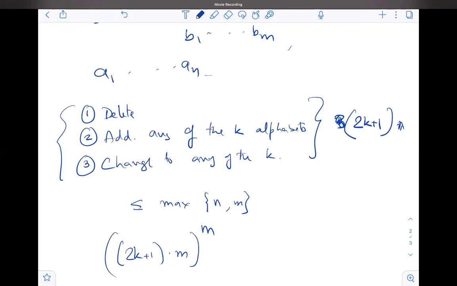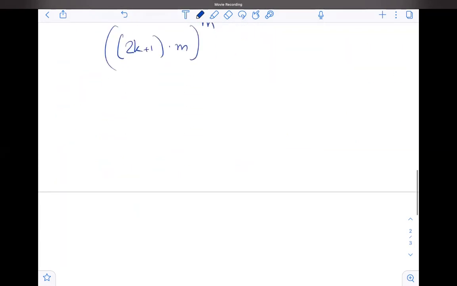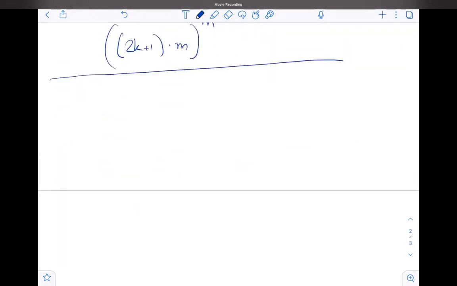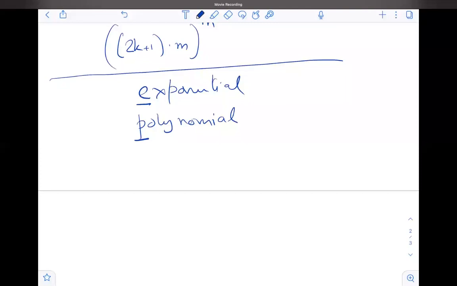Okay, say that you have these two strings. Say one of them is, as I told you, exponential and the other is polynomial. Now, the first two letters are different, right?